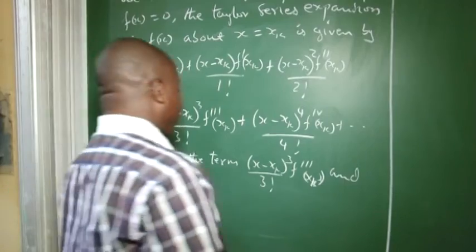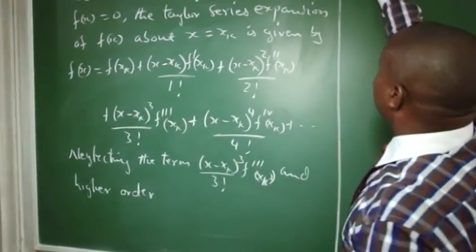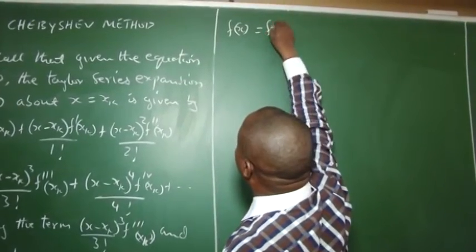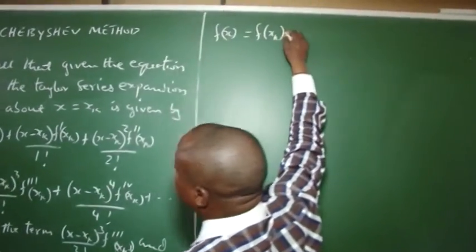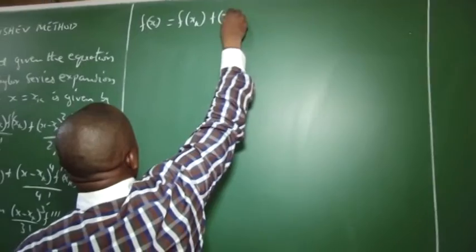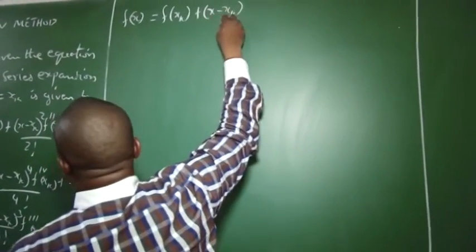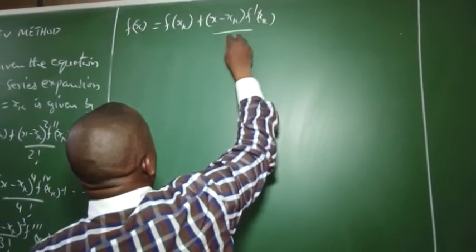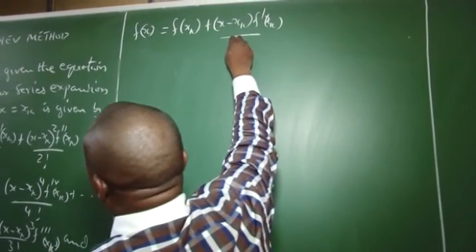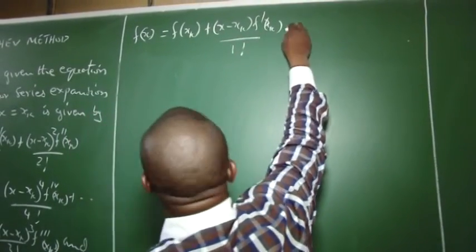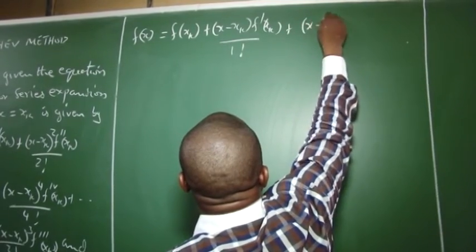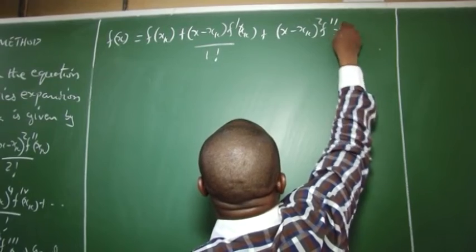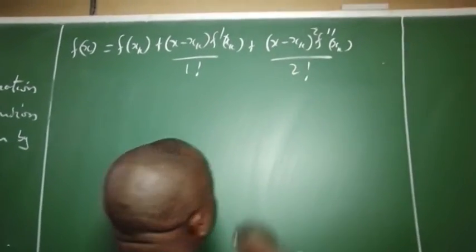So if you neglect from here, you have f of x equals f of xk plus (x minus xk) f prime of xk over 1 factorial plus (x minus xk) squared f double prime of xk over 2 factorial.